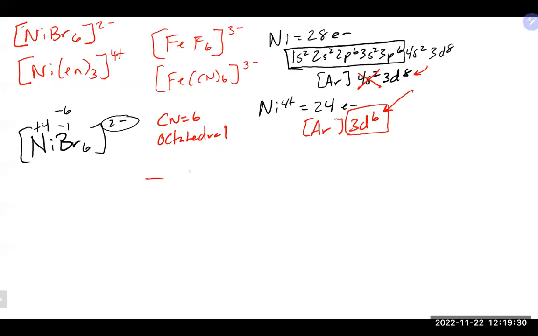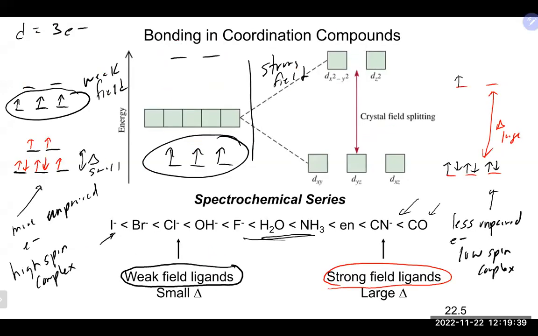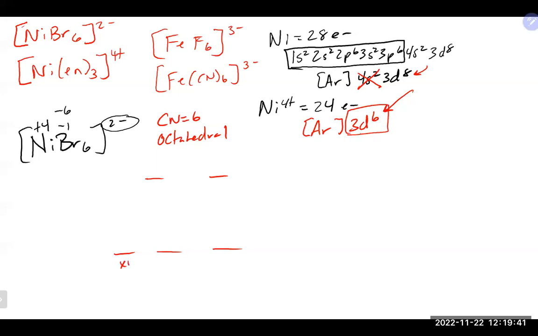So we'll have our d orbitals, and we will have our 3 other d orbitals there on the bottom. So xy, yz, zx.